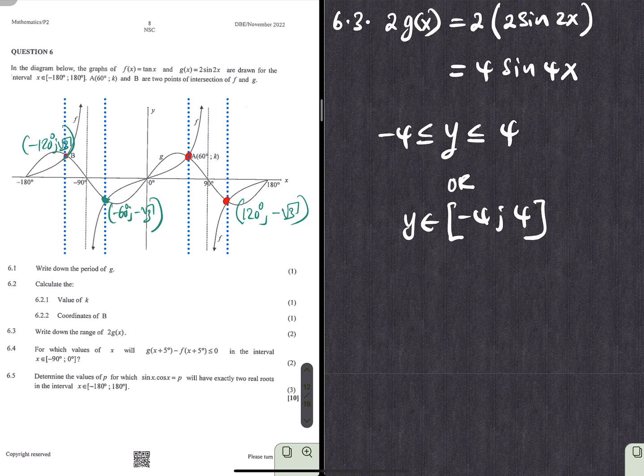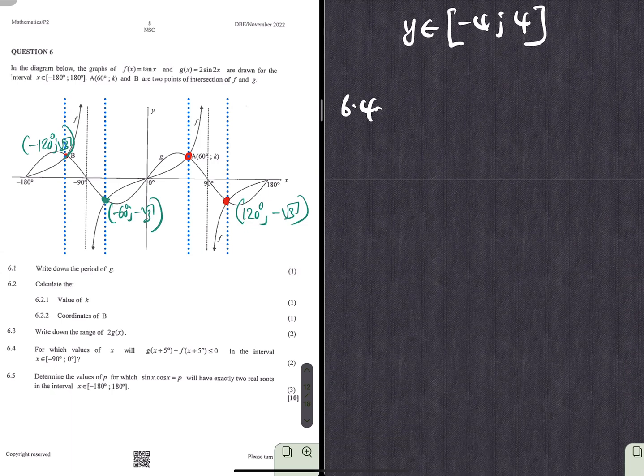And then 6.4, what are they saying here? They are saying, for which values of x will this inequality, g of x plus 5 degrees minus f of x plus 5 degrees less than or equal to 0, hold in the interval negative 90 and 0? Check something, guys.